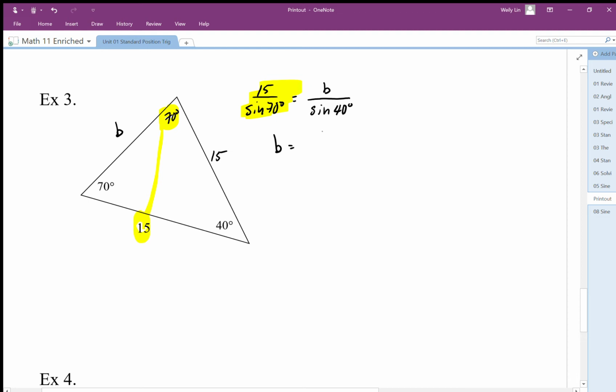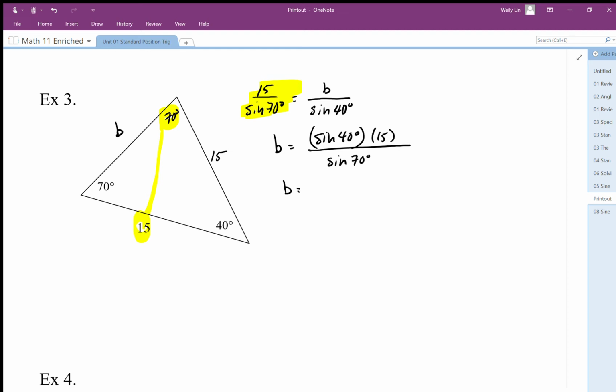Solving for side B, I'm going to end up with sine of 40 degrees times 15 over sine of 70 degrees. Okay, and that calculation will help me calculate the length of side B. So I put in my calculator sine 40 times 15 divided by sine of 70 degrees.